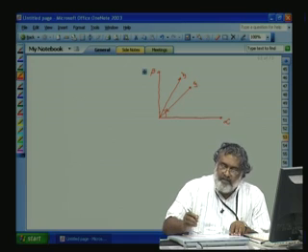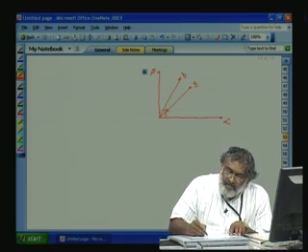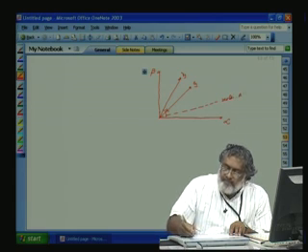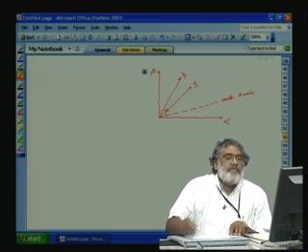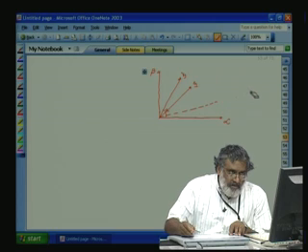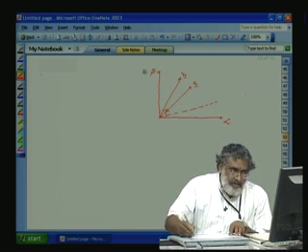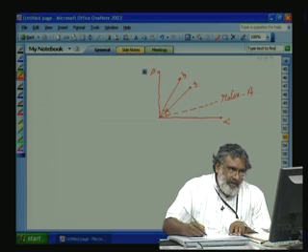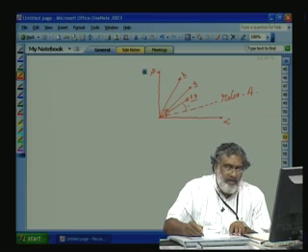This is Is, then this is the rotor A axis or rotor alpha axis. I will make it bigger so that it is clear. With respect to the rotor axis you have the current Ir, and this is theta.